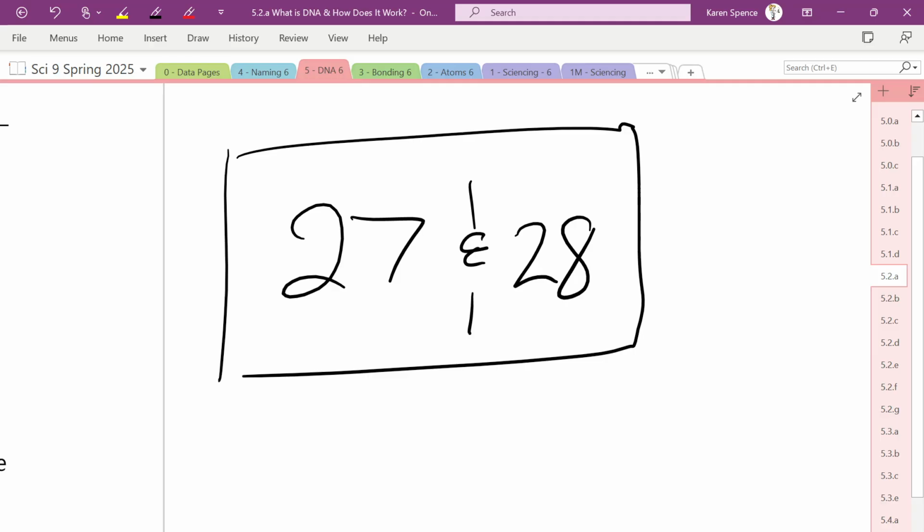Maybe that is synthesis. Oh, yeah, that's why.